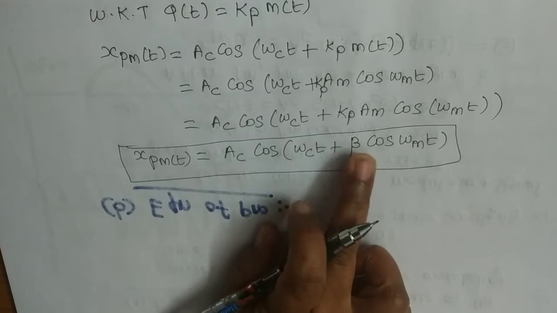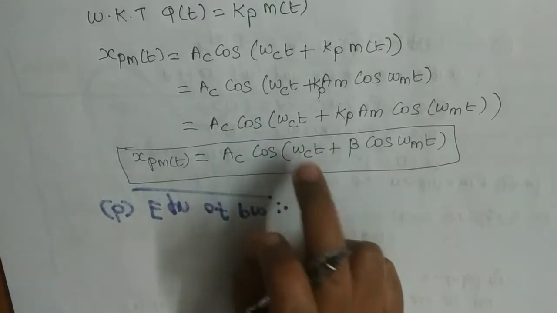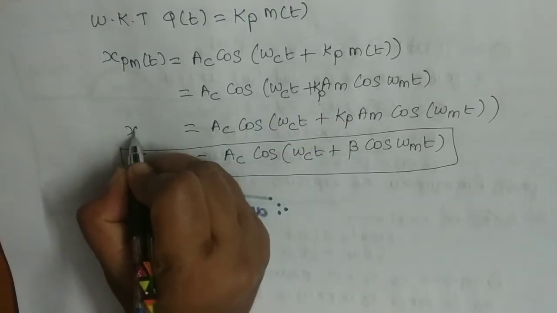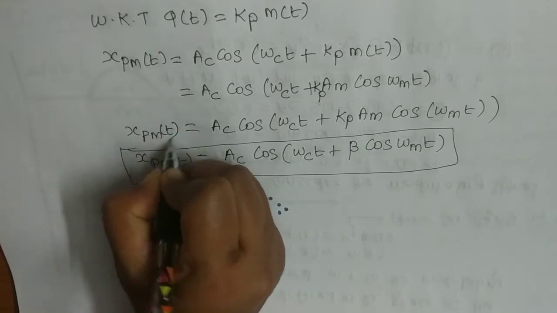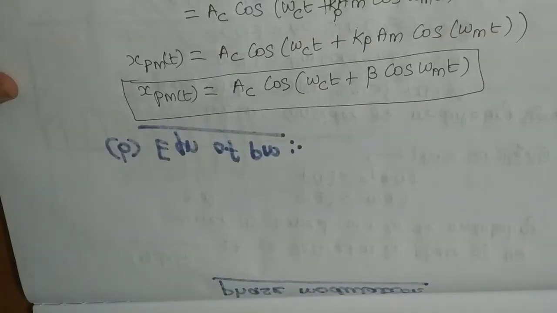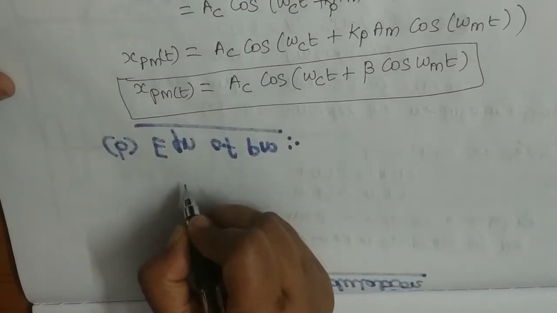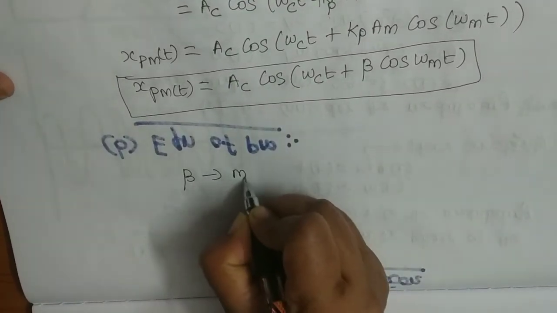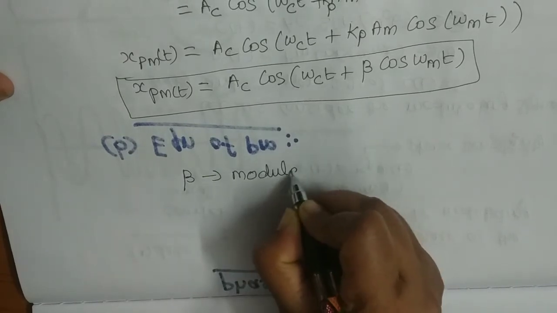So instead of kp Am, we can write beta, okay? Both are equations for the phase modulated signal, where beta represents the modulation index.